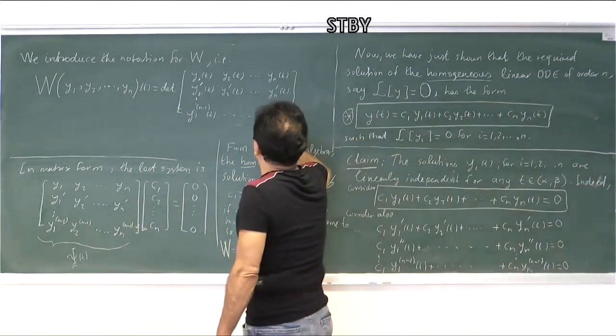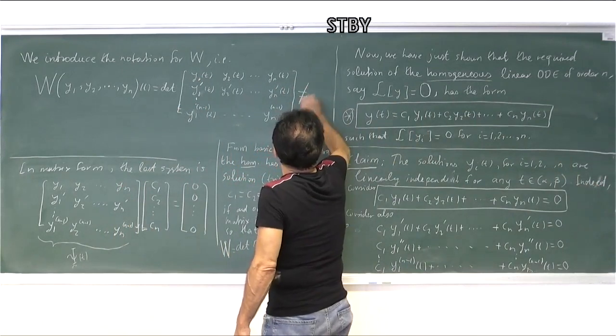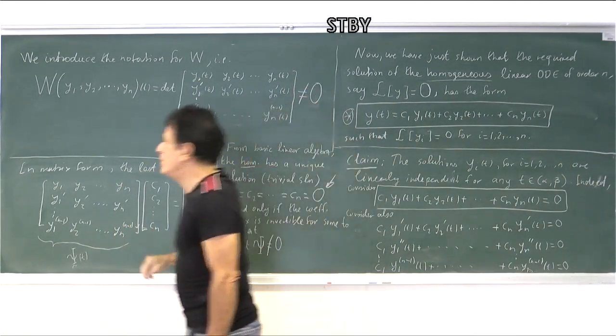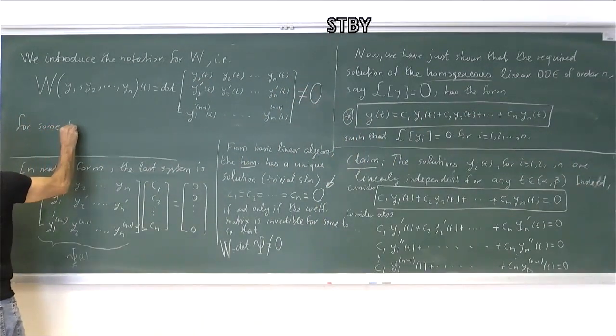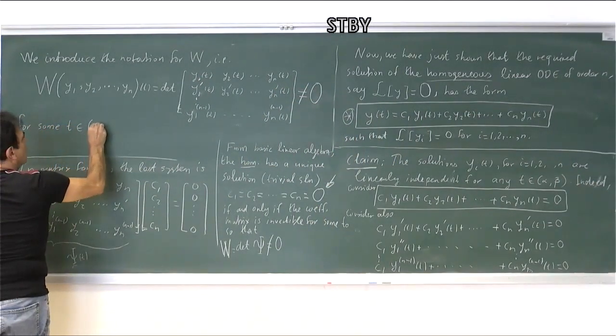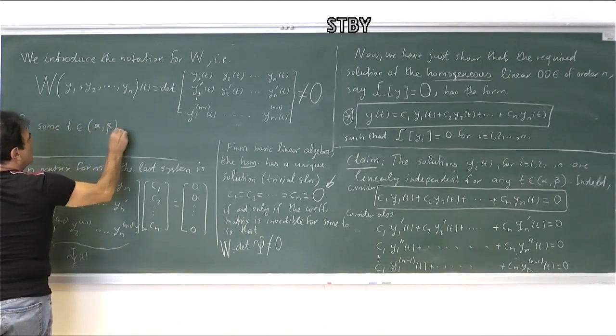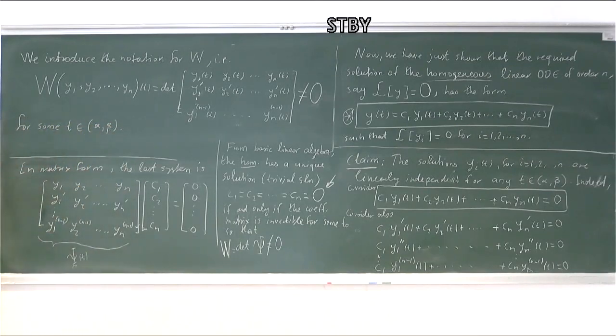And we know that this is non-zero for some t in this interval, where the coefficient functions are continuous. Okay?